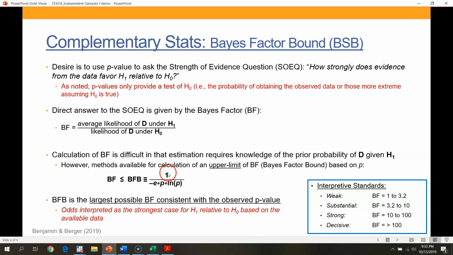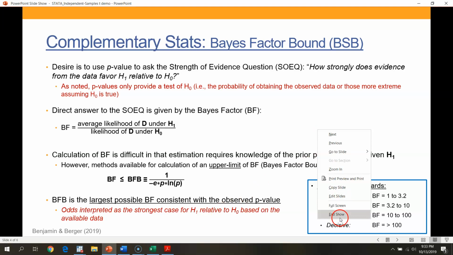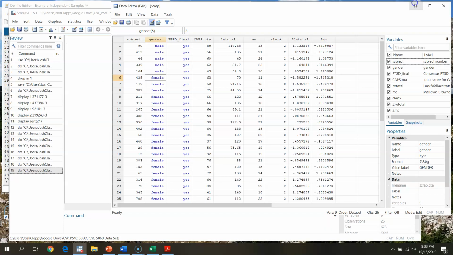This is calculated as 1 over negative e times your p-value times the natural log of p, again just giving us a different look at strength of evidence against the null or for the alternative hypothesis, just to help with our interpretations. Okay, so we will close this down and go back to our data.